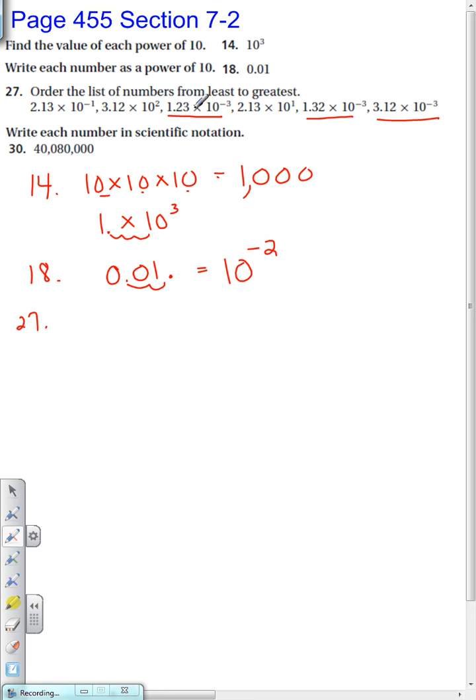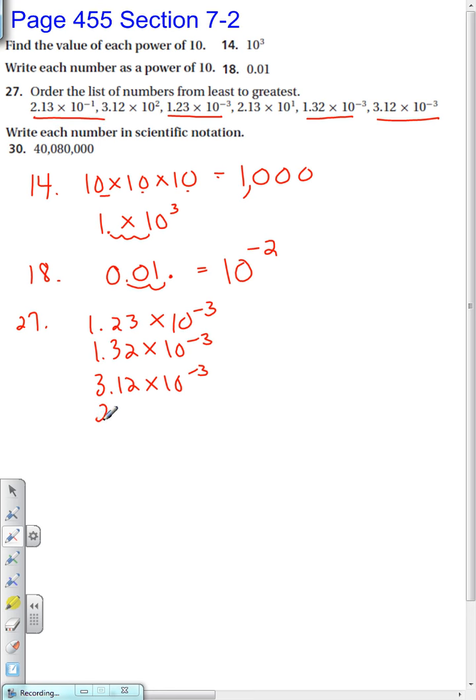So 1.23 is the smallest out of those, so I'd have 1.23 times 10 to the negative third. Then the next smallest number is 1.32 times 10 to the negative third, and then 3.12 times 10 to the negative third. Then I look at the next lowest exponent, which is a negative 1.